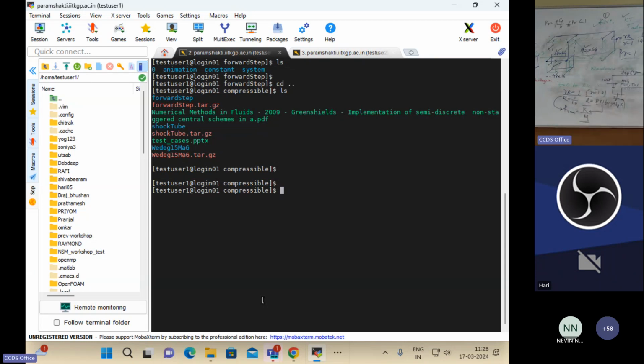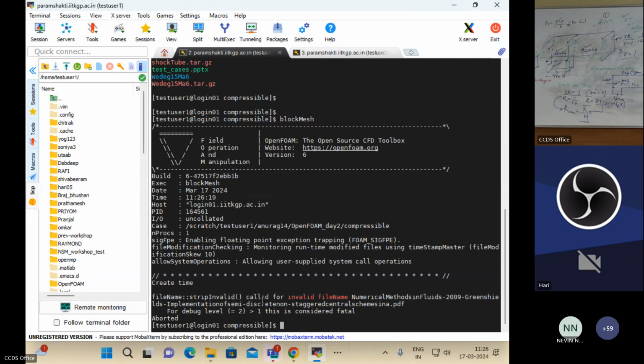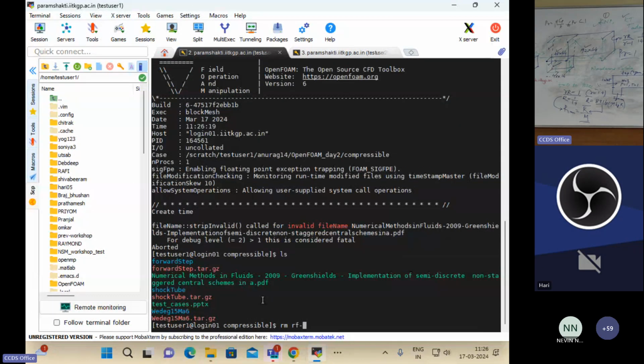These are all non-dimensional values. So for the first step, we don't need to initialize the data, so we will simply use blockMesh. Again, please remove this file.